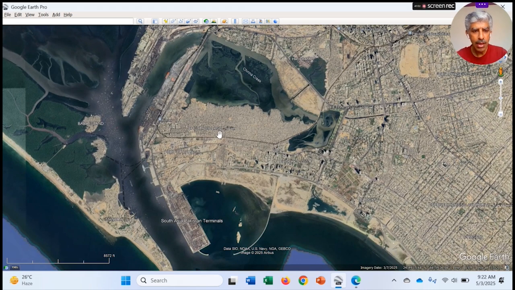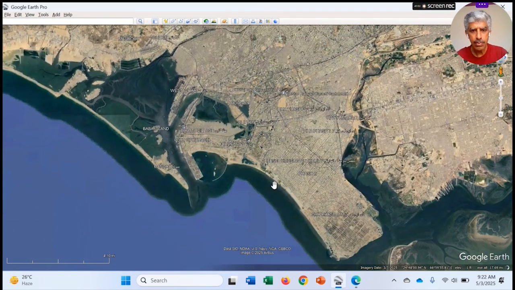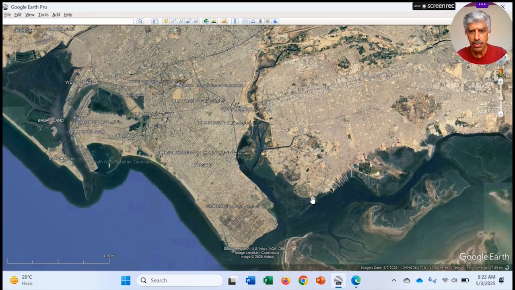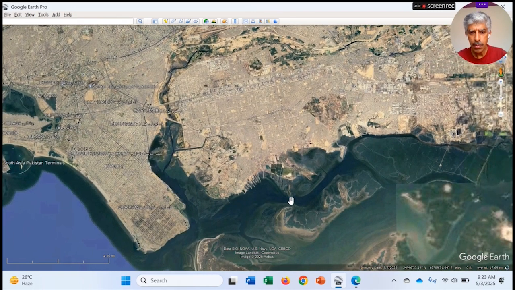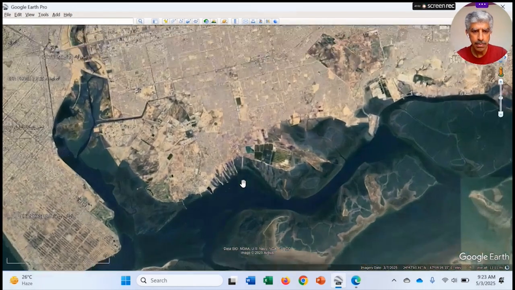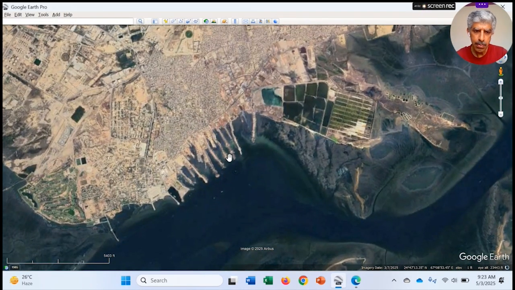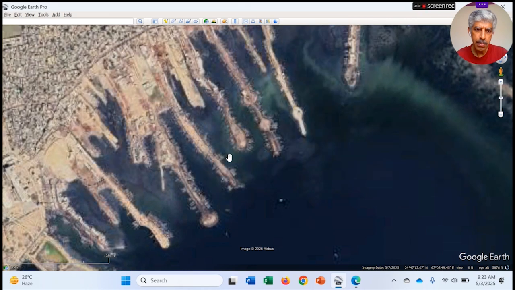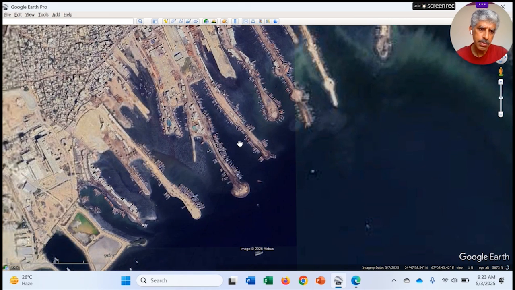And if we move further towards the west, we will see this area. This is the fishing ports.